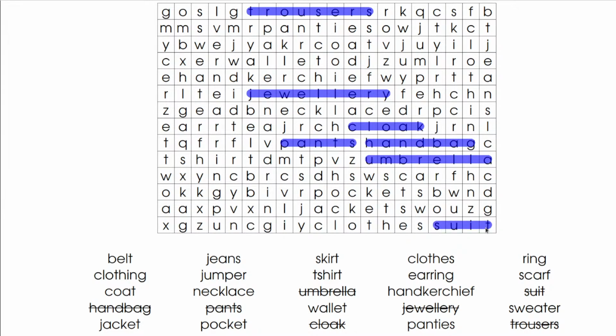Suits hiding in the bottom right corner here. Handkerchief. And necklace. T-shirt. Yeah, it's just hidden there. Scarf.